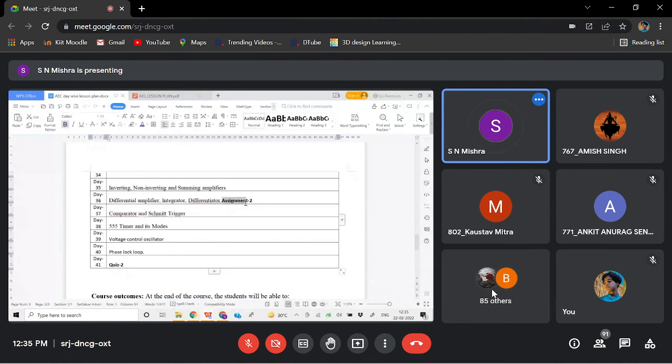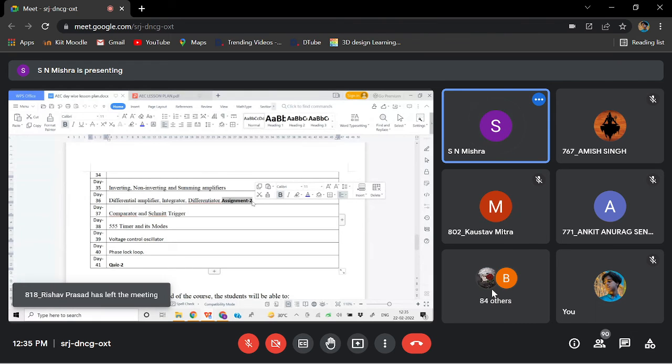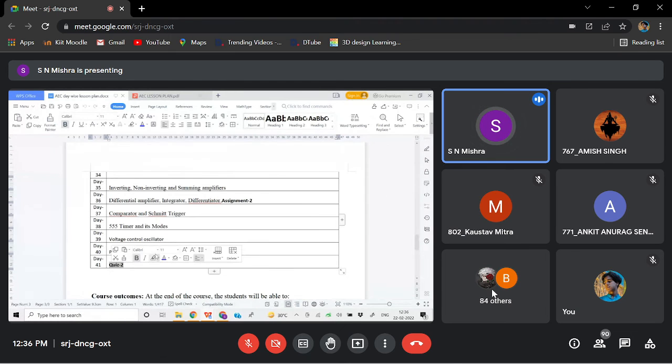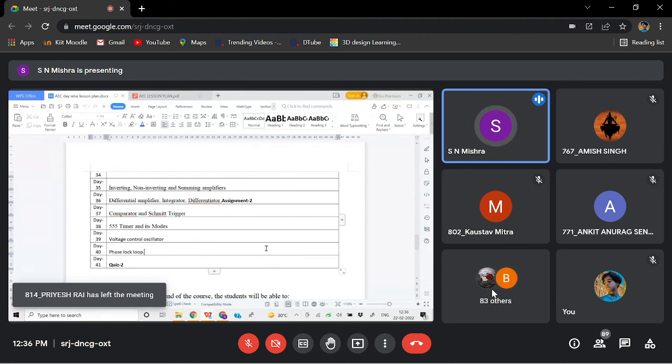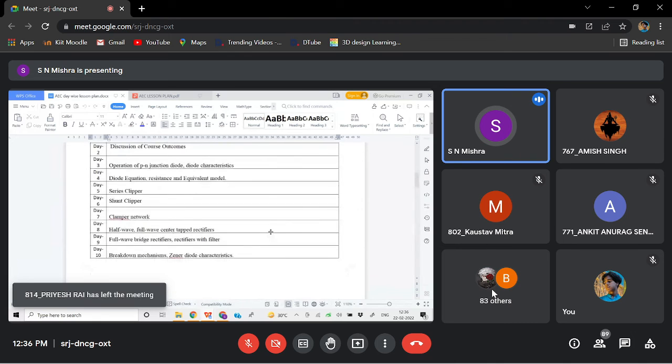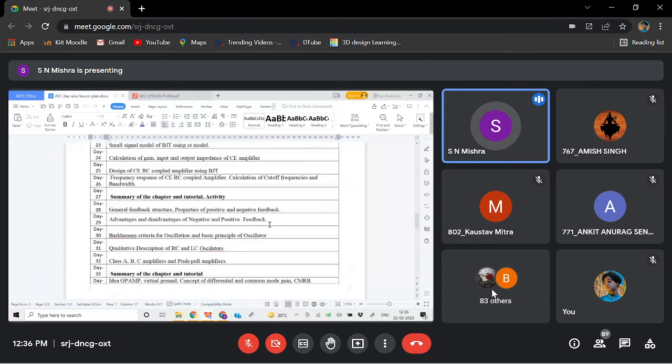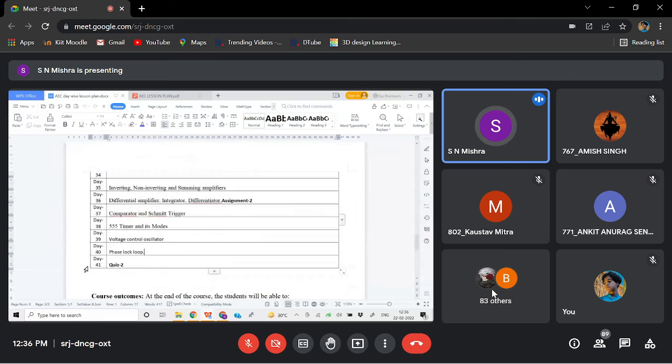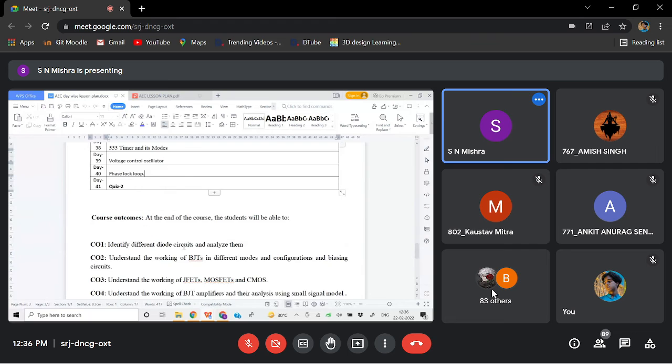Towards the end of the 7th module we'll give assignment 2, and at the end of the whole syllabus we'll take quiz test 2. So that is mentioned, and I'll upload this one. A little bit here and there will vary, but we have to finish the syllabus within 40 or 42 classes, so that will be good.